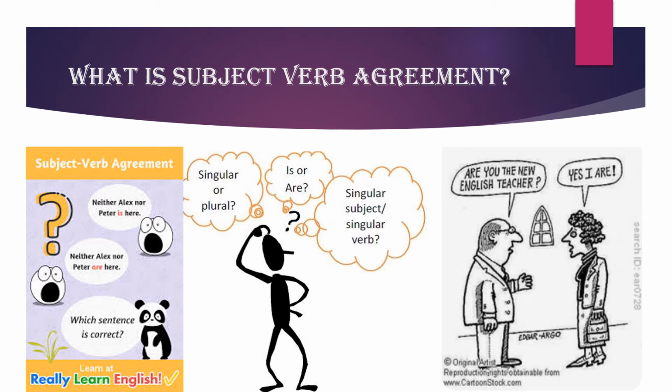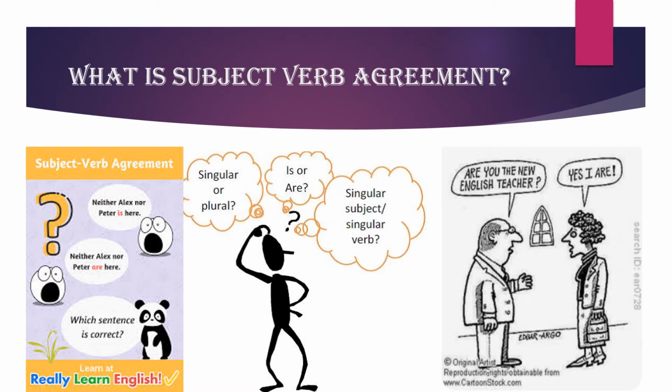Let us have a look at the sentences here. Neither Alex nor Peter is here. Neither Alex nor Peter are here. Which of the sentences is correct? Now we say that whenever your subject is singular, the verb has to be singular. So, neither Alex nor Peter. Whenever we use pairs like neither nor, either or, we only mean that we are talking of one entity at a time.